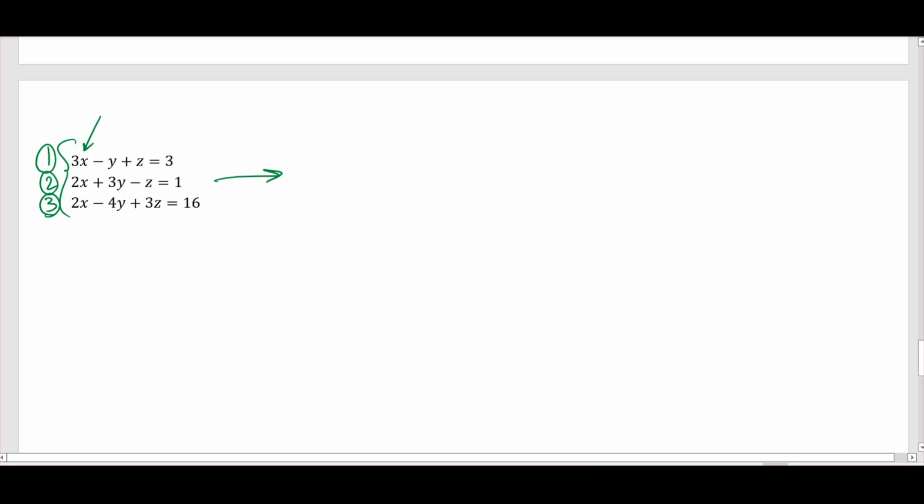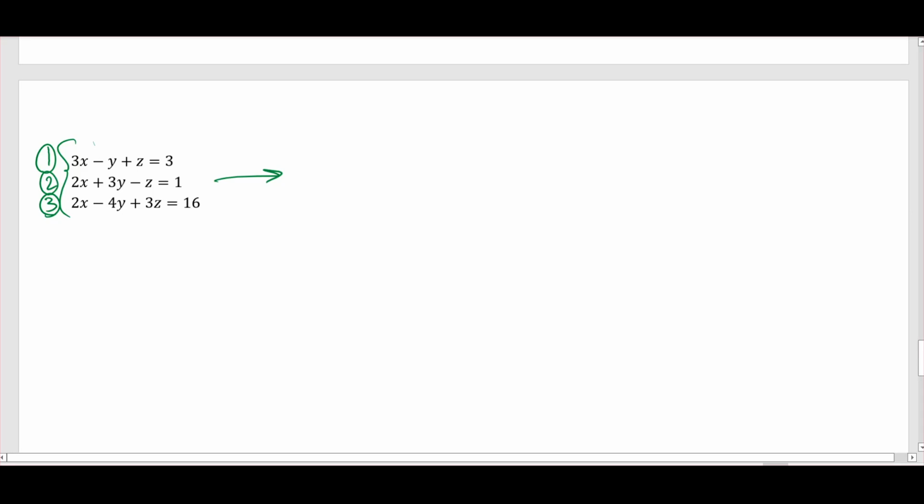We have the moves that we're allowed to do from above. We could just multiply row 1 times 1/3, and then we're going to have a 1 in that position, right? But that's probably not going to be the easiest thing we could do, because if I multiplied everything by 1/3, I would multiply those two guys by 1/3 as well, and then I'm going to have a bunch of fractions, and we really don't want to do that if we don't have to.